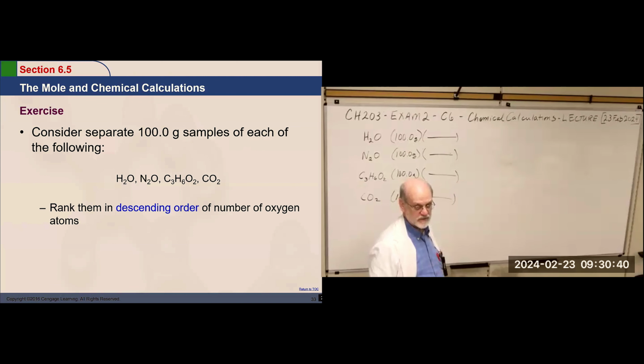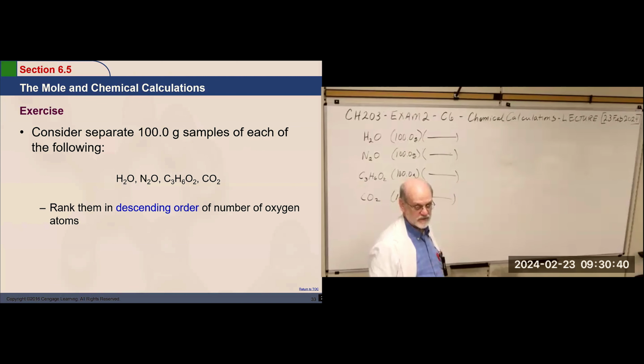No, we can go to a counting number. The mole will do it. But first, we're going to get so many grams per mole of each compound. And that'll give us the mole of the compound.